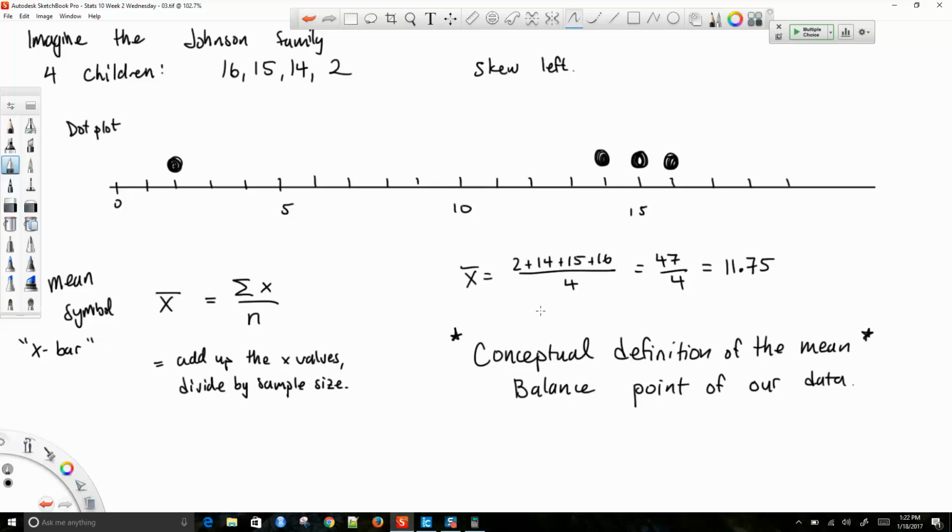So if you imagined our dot plot to be a seesaw, and I wanted to put a fulcrum somewhere so that this thing is balanced, the place where I would put the little triangle, the fulcrum, will be right here at 11.75. This is the mean. 11.75, this is our balance point.